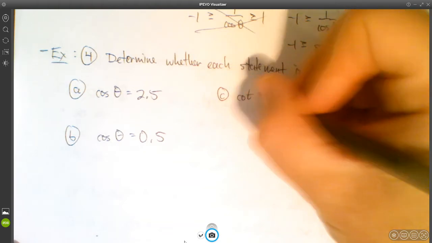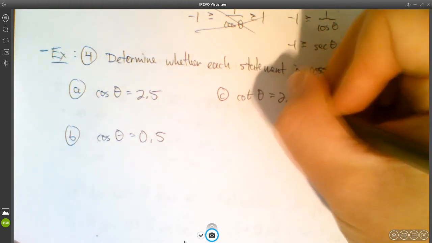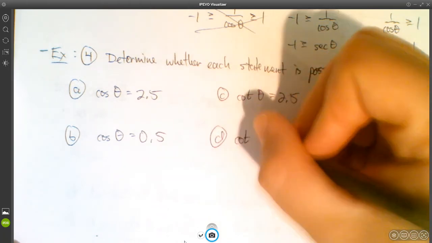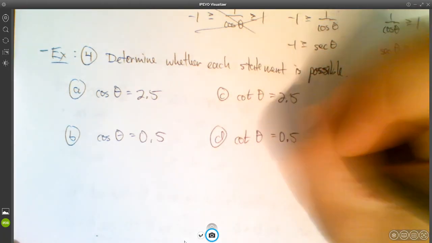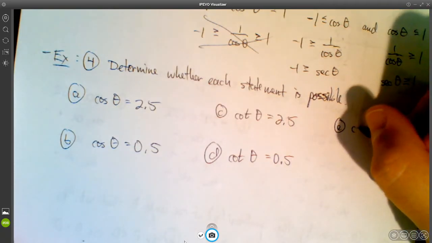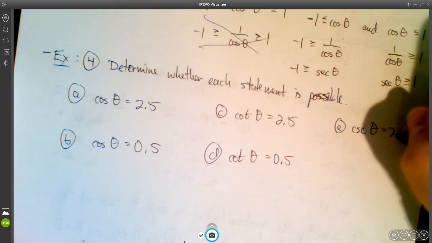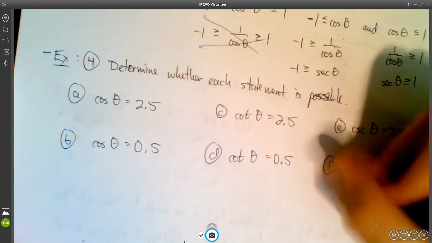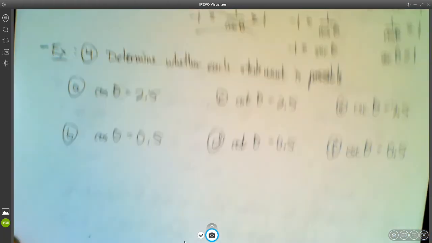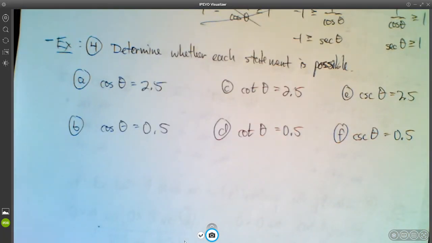Cotangent theta equals 2.5. I'm going to be using the same values for each of these. Cosecant theta. So go ahead and give the video a pause and try to see which of these statements are nonsense and which are acceptable.